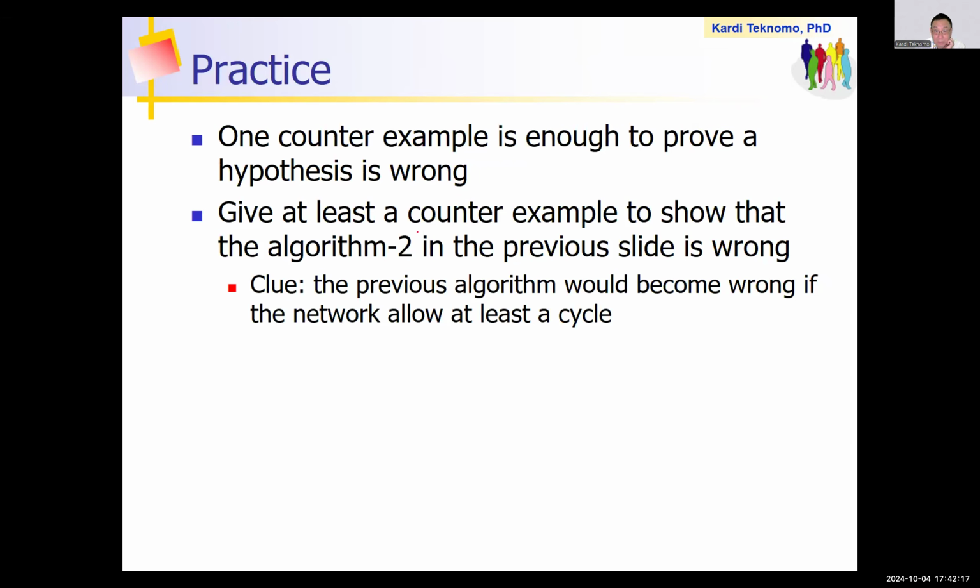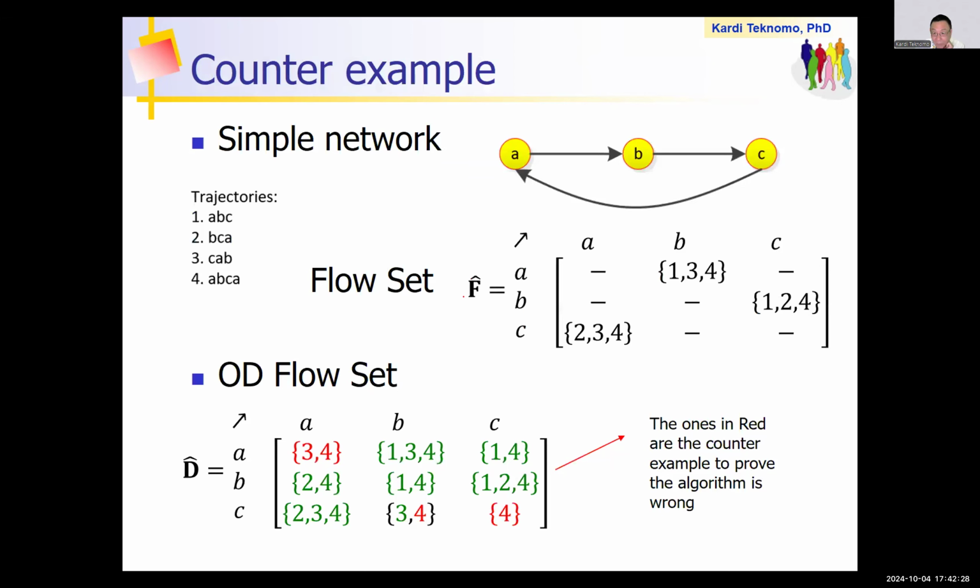To prove an algorithm is wrong, you just need one counterexample. So in this example, the red one here, I can create a very simple example where trajectories number 3 and 4 are actually incorrect.